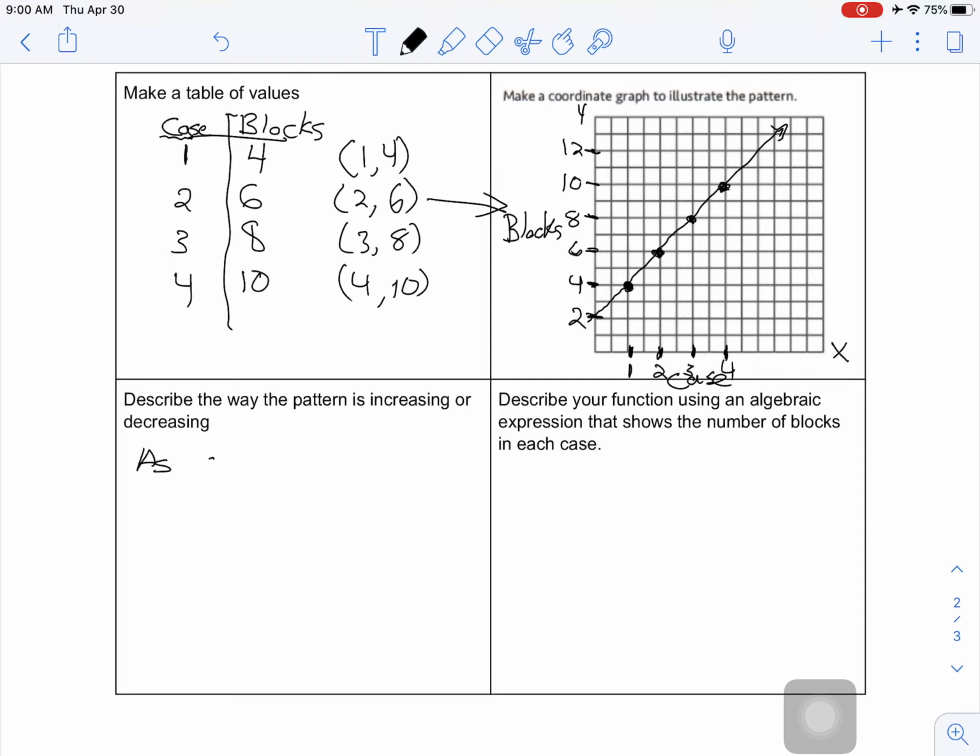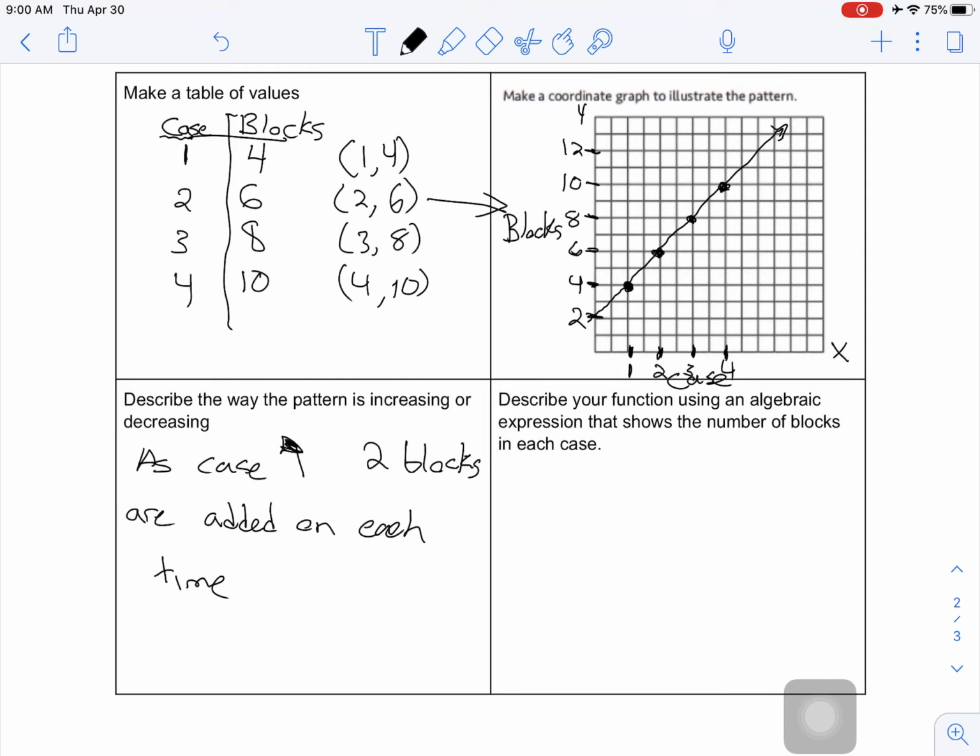As the case number increases, we notice 2 blocks are added on each time. And this is just what do you notice with the pattern. Some patterns don't change the number of blocks, but maybe change the orientation of the blocks. And you'll need to look at that as well.